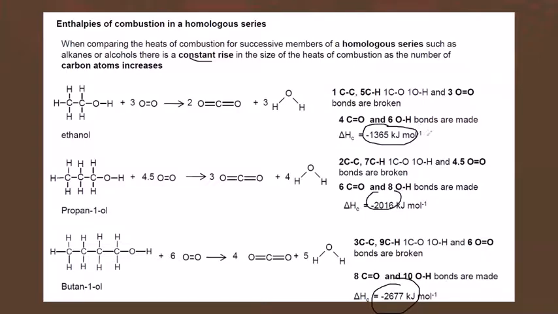The approximate, not exact, difference is about 700, about the same each time. So using this, we can predict the value for the enthalpy change of combustion. As the number of bonds increases, the enthalpy change will also increase. So we can predict the combustion of different members of a homologous series.